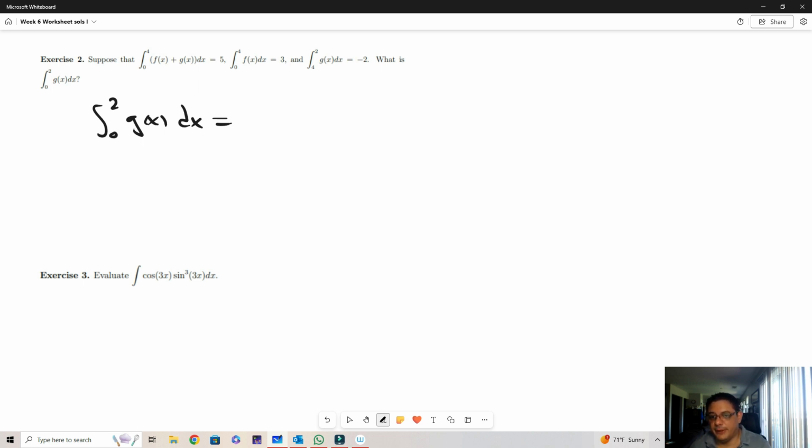For example, we can see the integral of g of x as the integral from 0 to 4 of f of x plus g of x, minus the integral to 4 of f of x, because notice that we get rid of f of x here.